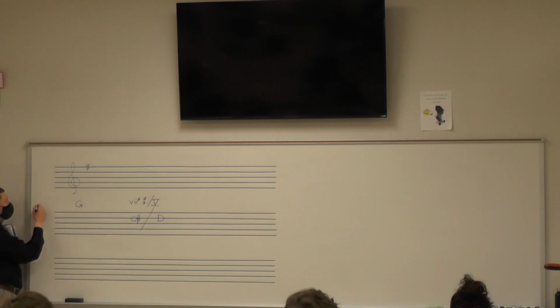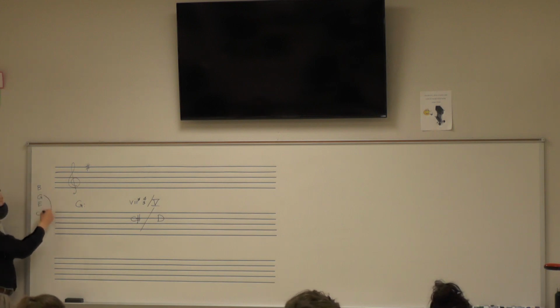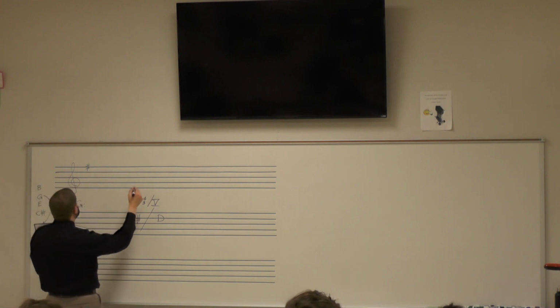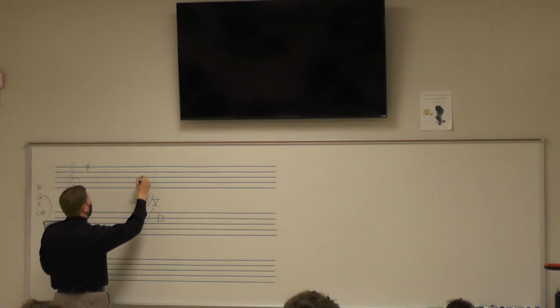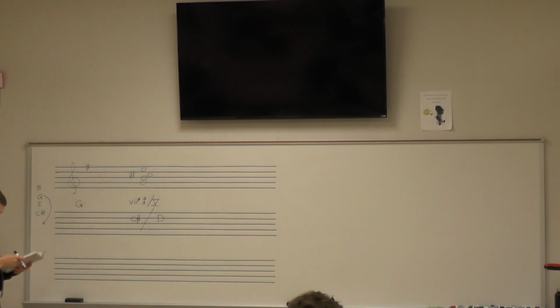Okay, so a minor third above C sharp is E. A minor third above E is G. But now a major third above G is B. Those are the four notes I need to record to be right. Okay, and then which one of these goes in the bass? The G, because now we're in second inversion. And now let me not forget any accidentals I need. So I've got G, I've got B, I've got C sharp, and I've got E. There, that's my final.